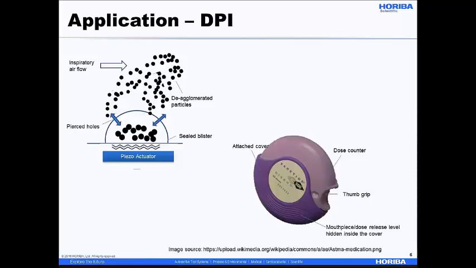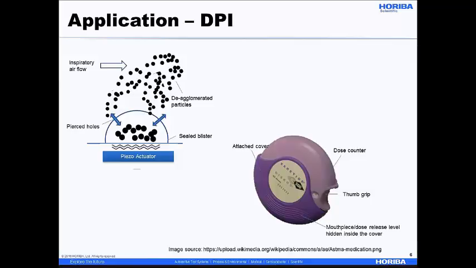So how does this work? When you use this inhaler, it has a piezo actuator in the inhaler. As soon as you activate this inhaler and try to inhale the powder or API, a small tiny electricity activates the piezo actuator, and that actuator starts vibrating, and that vibration deagglomerates these APIs in the inhaler.